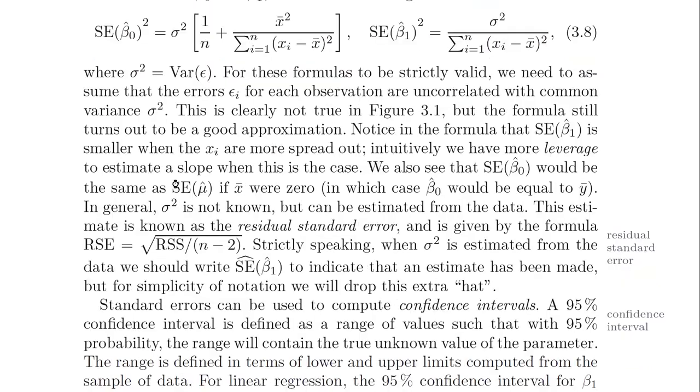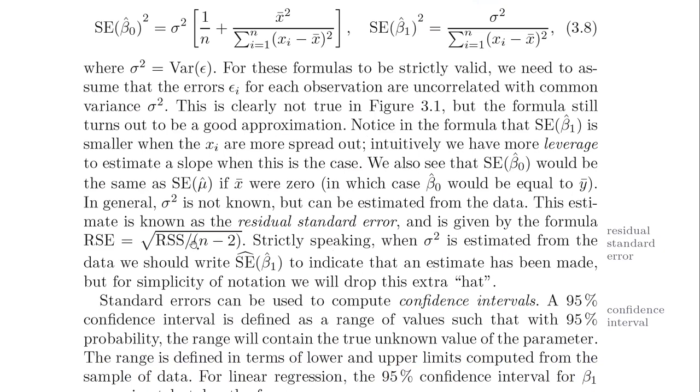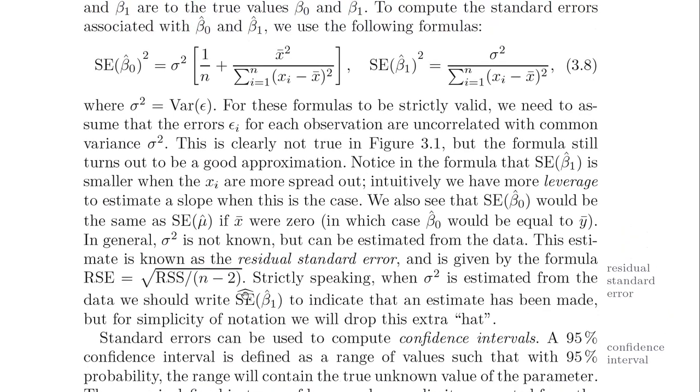For beta naught. Strictly speaking, when sigma squared is estimated from the data, we should write standard error hat. So they're saying what you need is a hat over here as well.